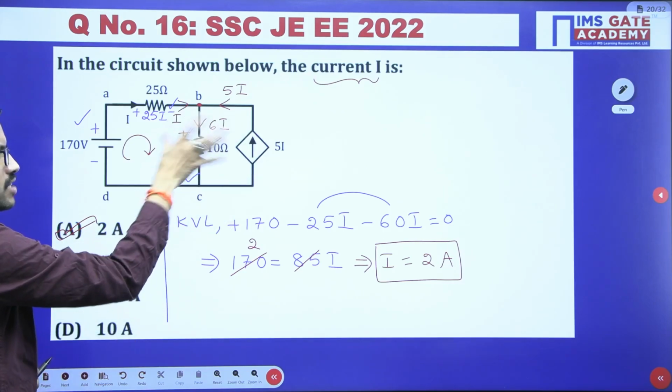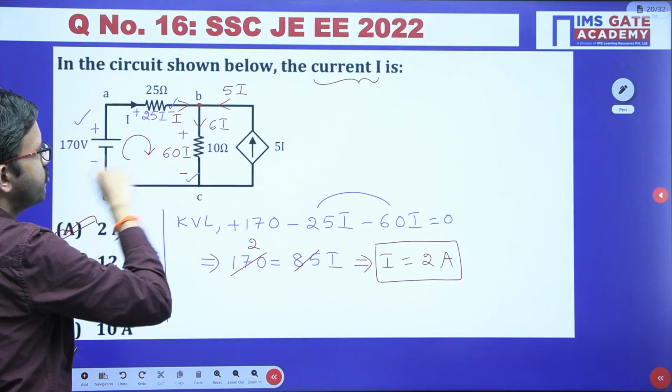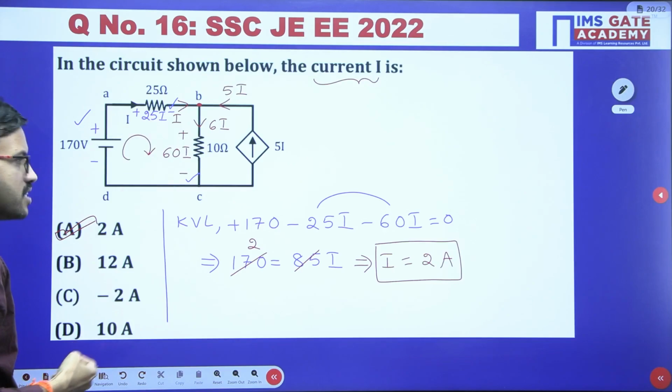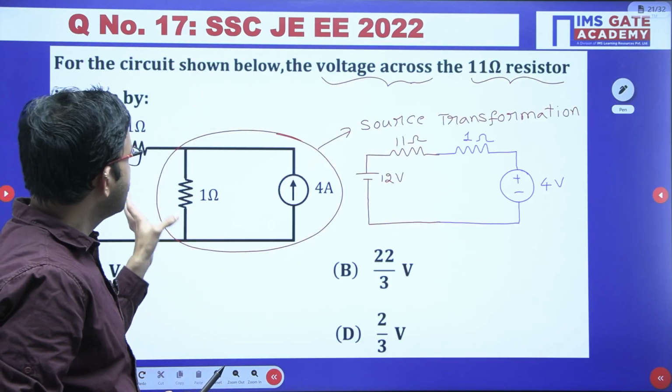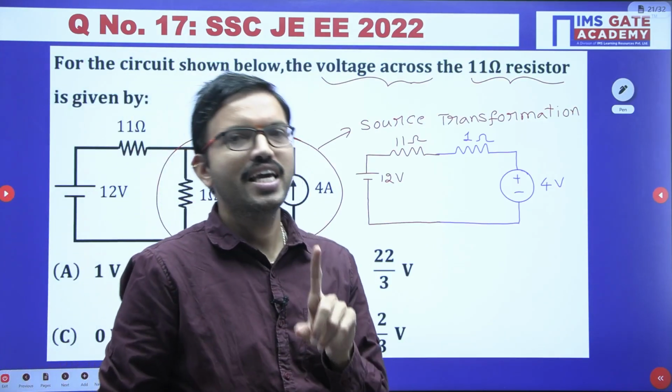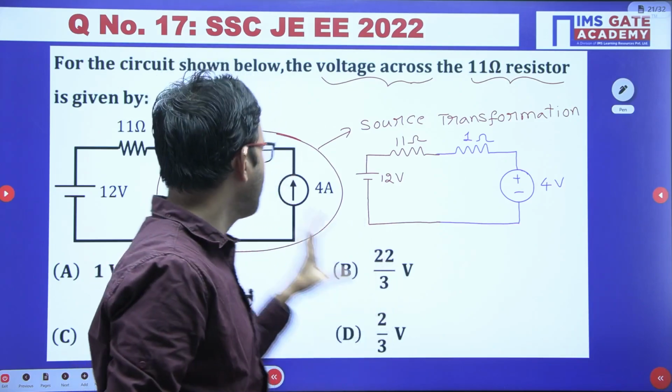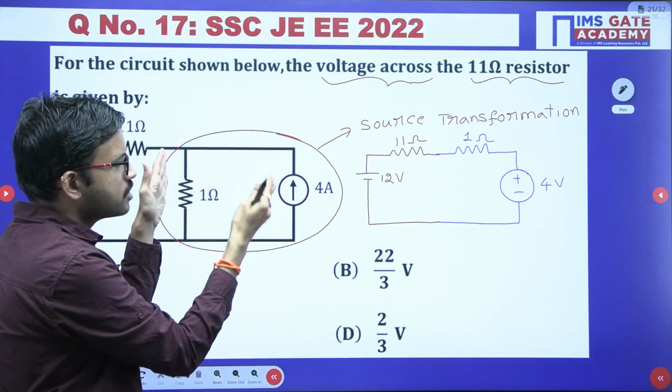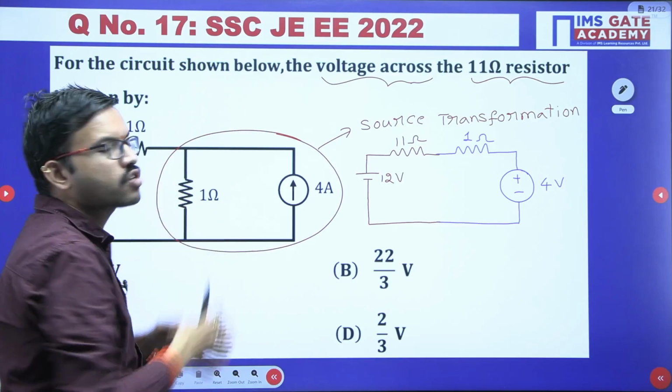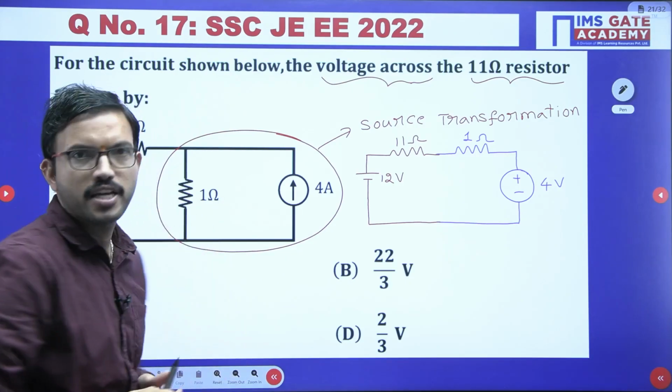Even though it is initially parallel, by using KCL we are able to get one closed path. From there we have done it like that. Here, with the help of one KVL equation, or with the help of the source transformation technique, if you are able to solve the question in less time, definitely you can apply it.